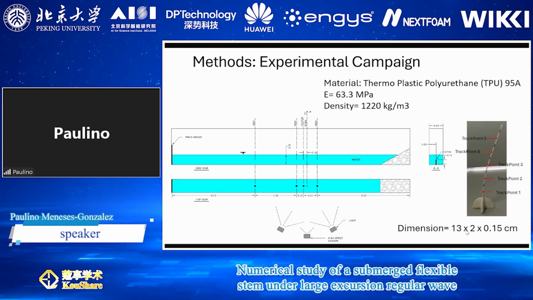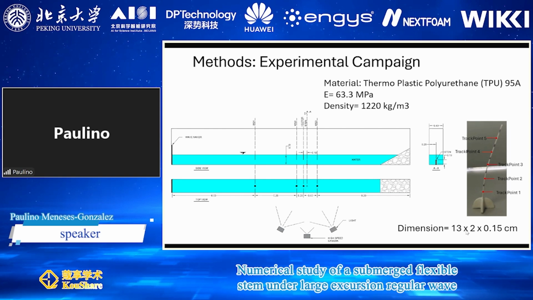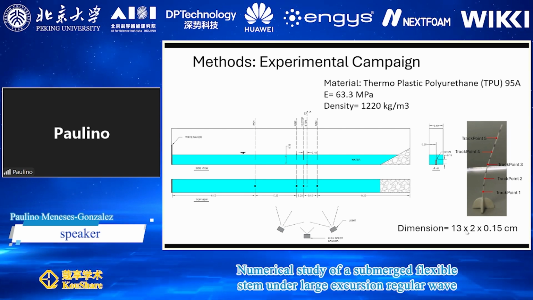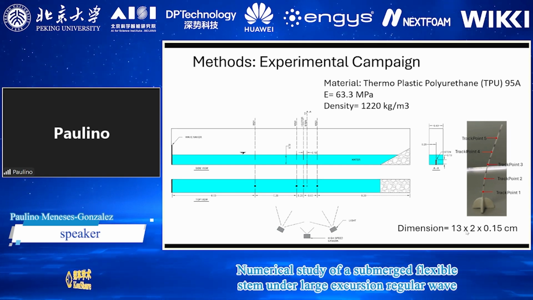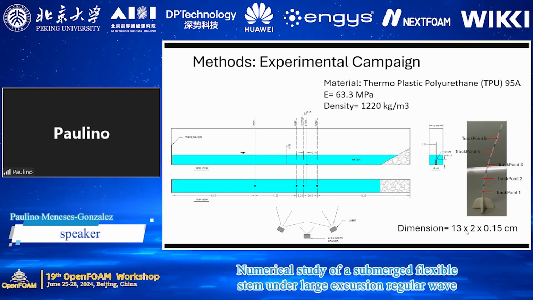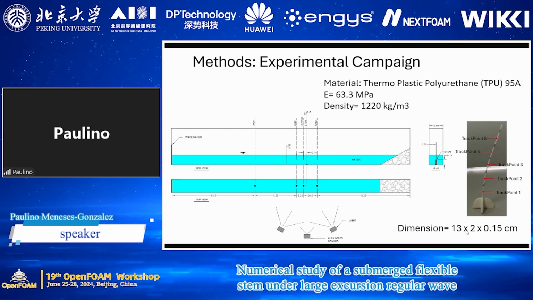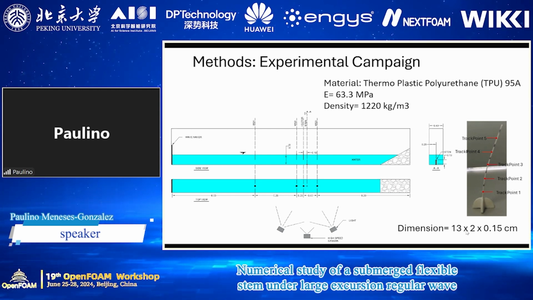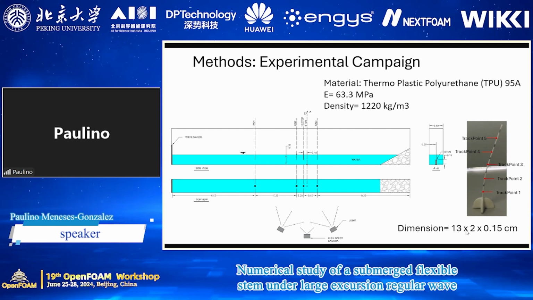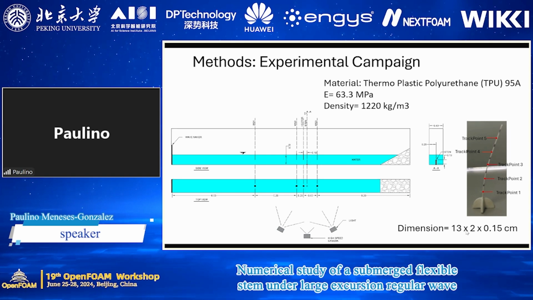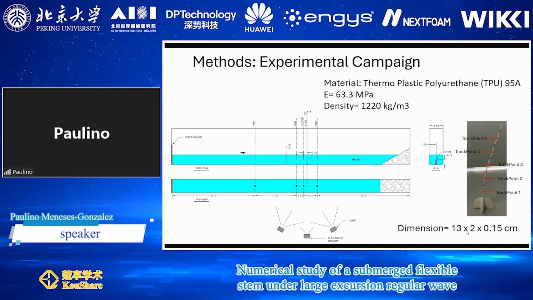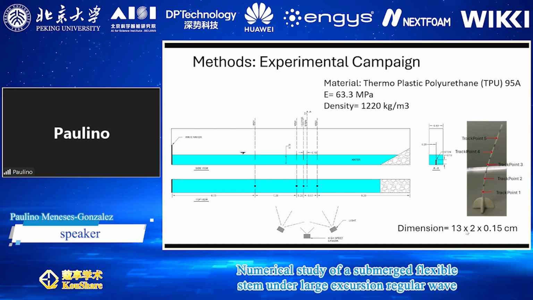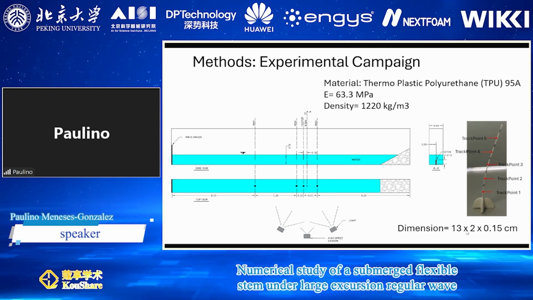Basically, the experimental campaign used a 3D-printed flexible stem that you can see on the right side. The stem dimensions were 30 centimeters height, 2 centimeters width, and, this is interesting, 1.5 millimeters thickness.